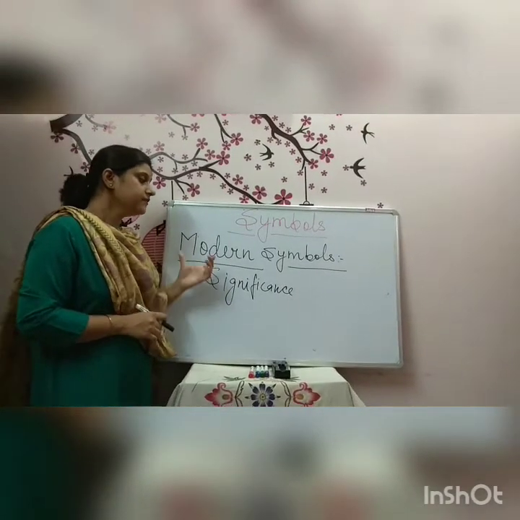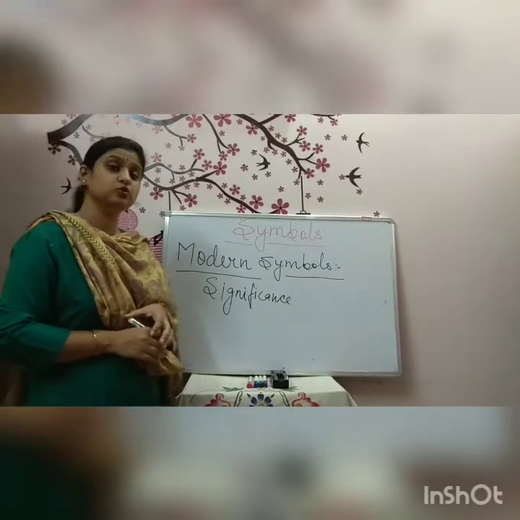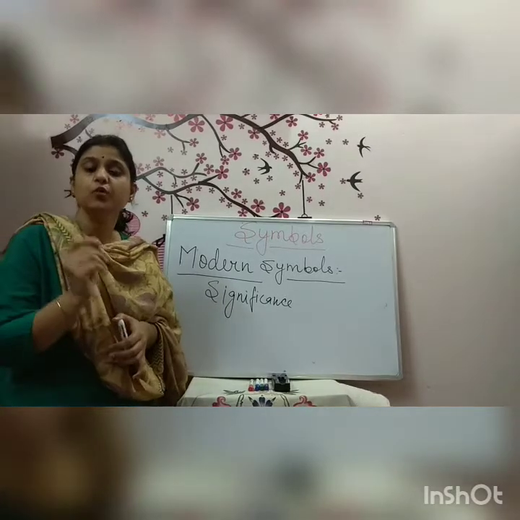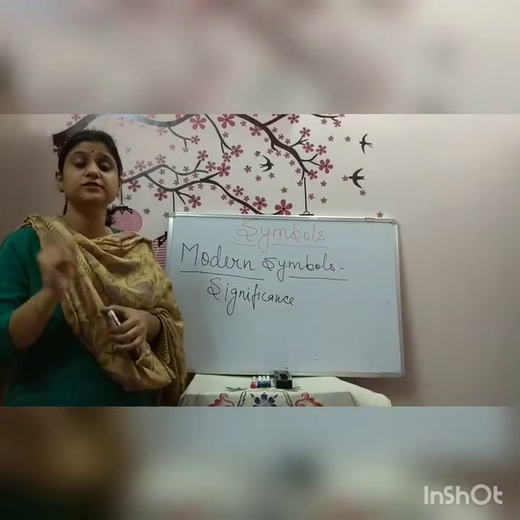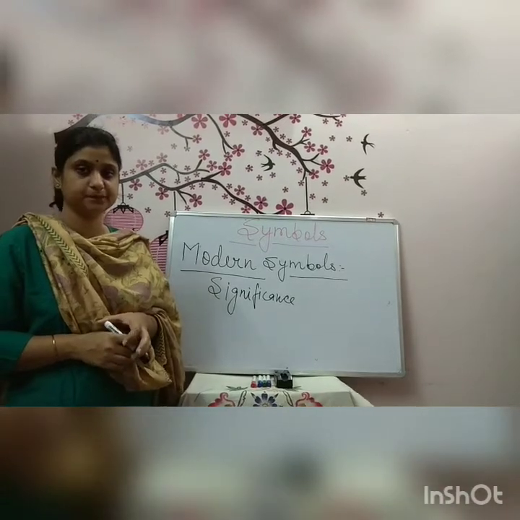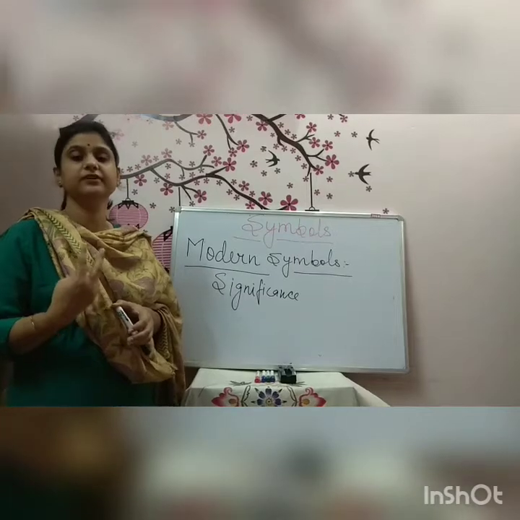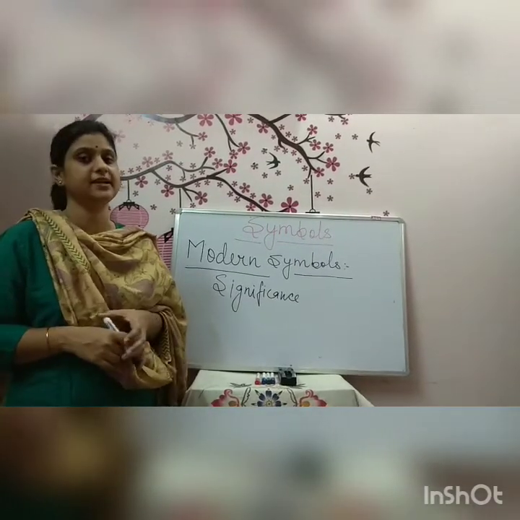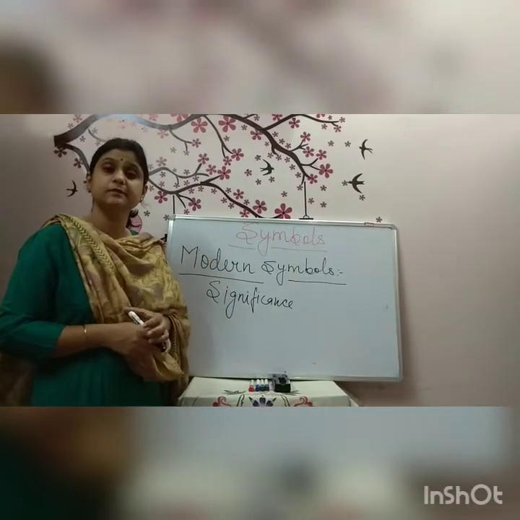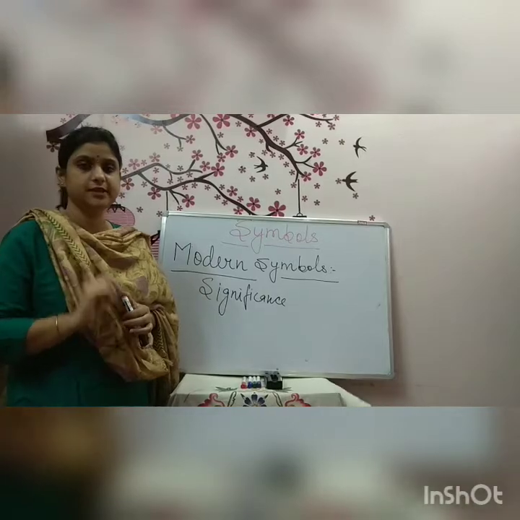Now, when we talk about the system of modern symbols, our scientists have used the first letter and, along with the first letter, they have also used another letter to form these symbols. Mainly they have used two languages to write down the symbols, English and Latin, right? Some of the elements have symbols which include the first letter of their names.